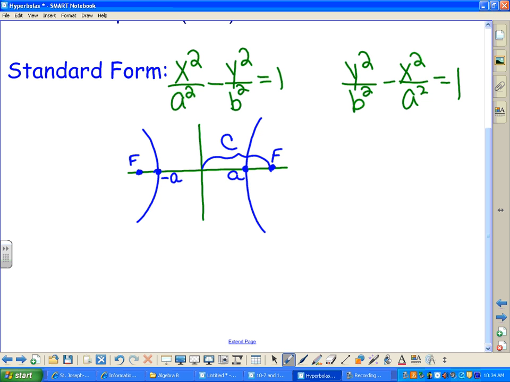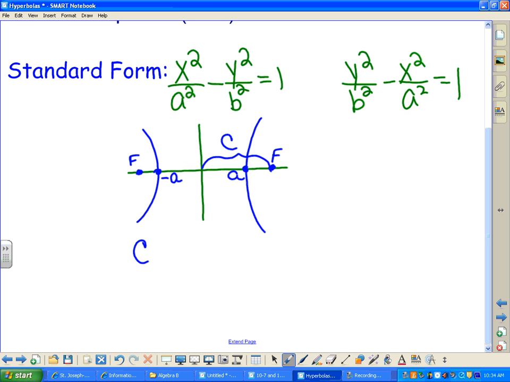Now, I think C is a little bit easier to find on the hyperbolas than on the ellipses. Because do you remember with the ellipse, it was C squared equals either A squared minus B squared or B squared minus A squared, whichever one was larger. For a hyperbola, it's a little bit easier, because guess what I get to do with my A squared and my B squared? Add them.